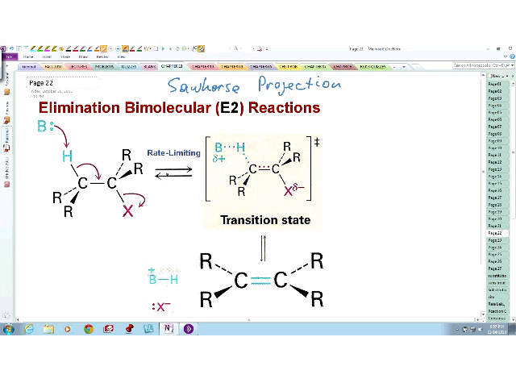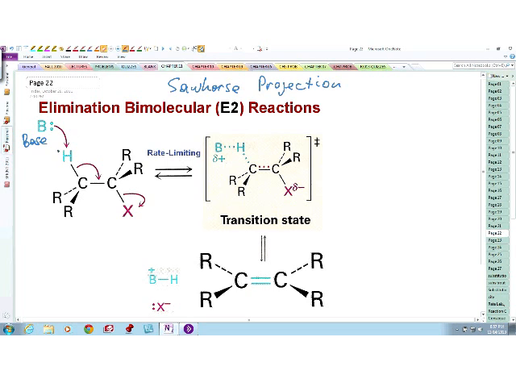See what is happening here. The base, this B here, is the base. When it comes to elimination reaction, we refer to the nucleophile as a base, because essentially what it is doing is abstracting a proton from another molecule.